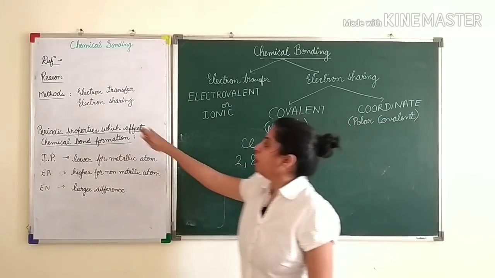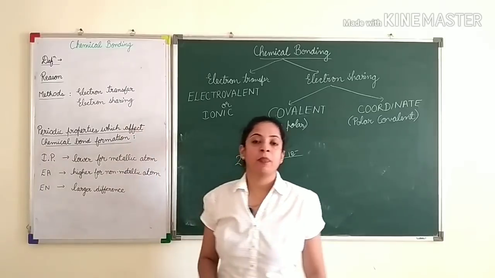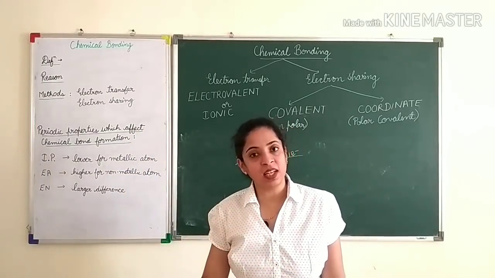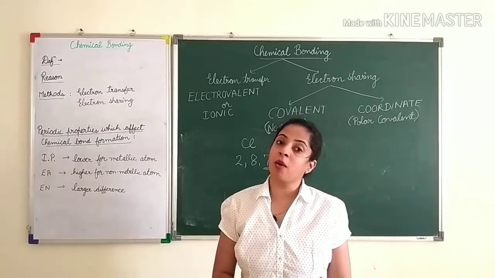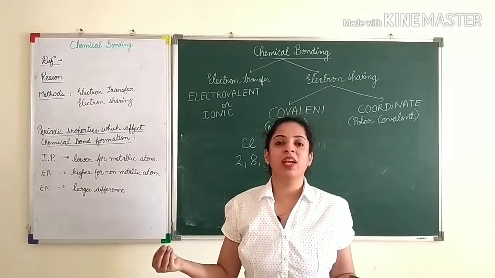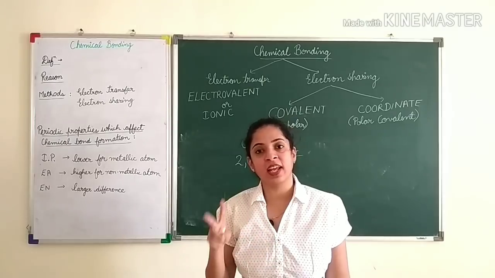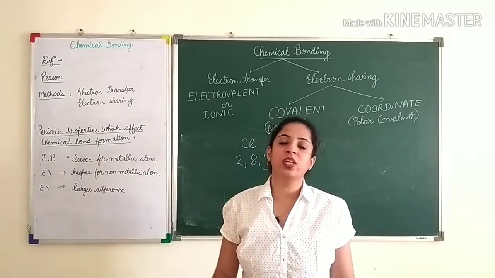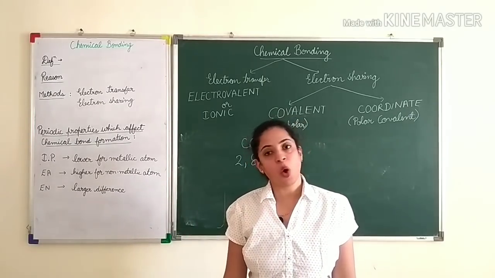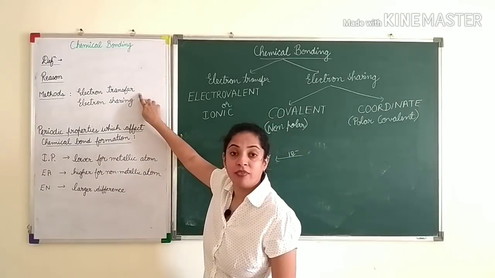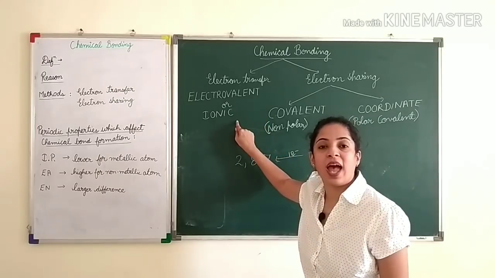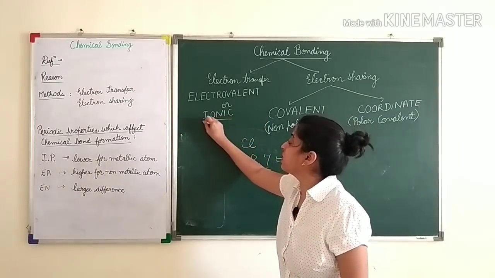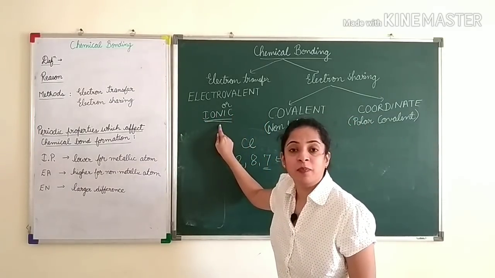Okay, so by electron transfer, metals will form cation by losing electrons, non-metal will gain electrons and form anions, and there will be an attractive force between cation and anions, and they will be attracted towards each other to form a chemical bond. This type of chemical bond formed by electron transfer is known as electrovalent or ionic bond, because this is the bond formed between ions.